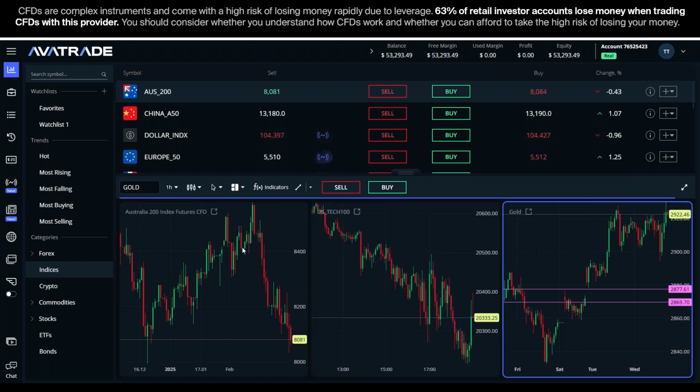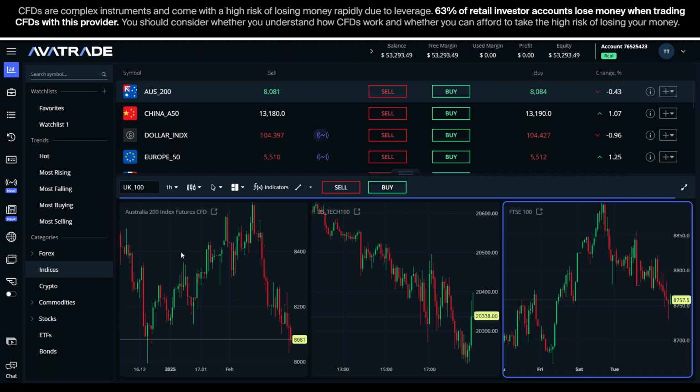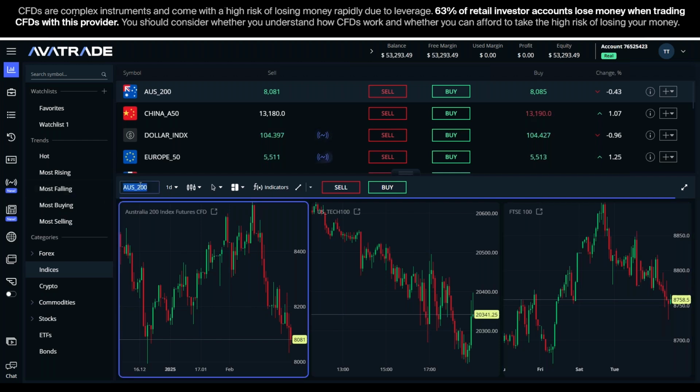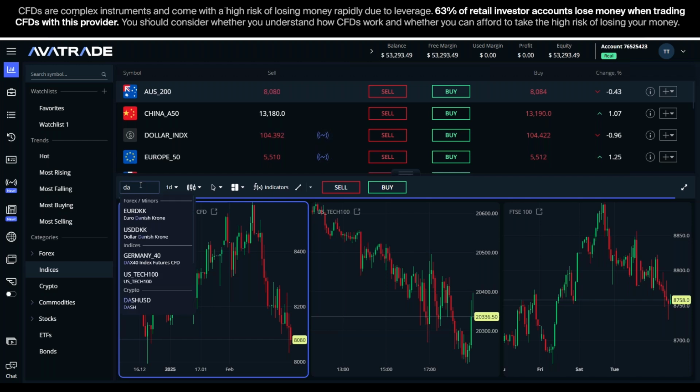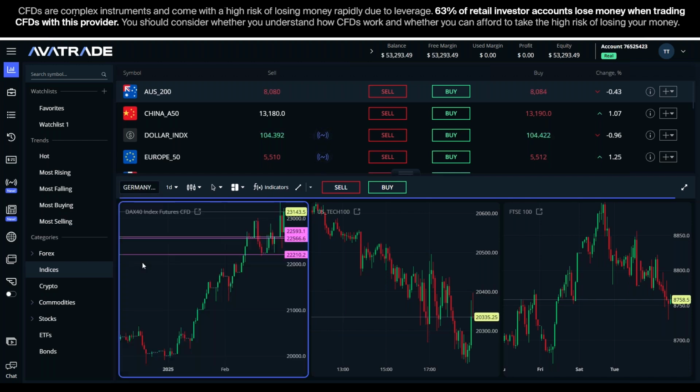Then we'll bring up the FTSE, the UK 100, and over here maybe we'll do the DAX. It's a popular index, not that we can't look at the Australian 200. Here's the German 40. It used to be the German 30, DAX 30.